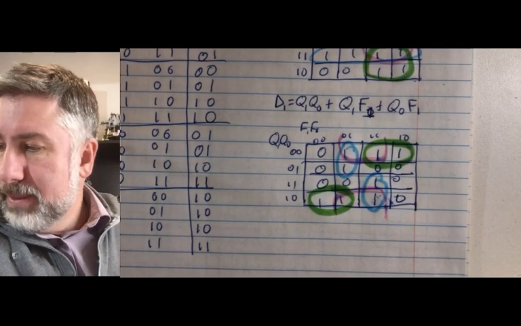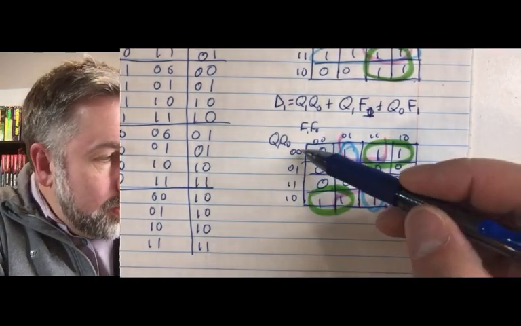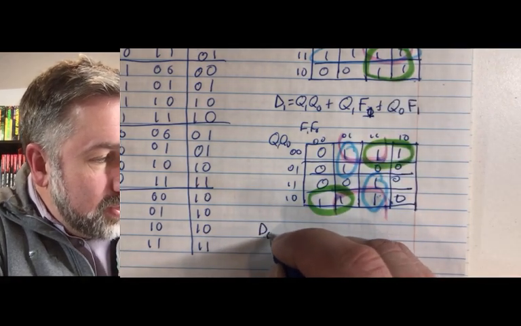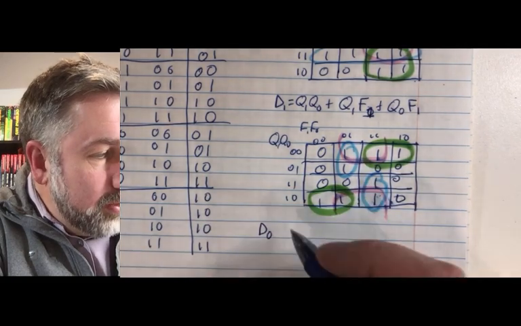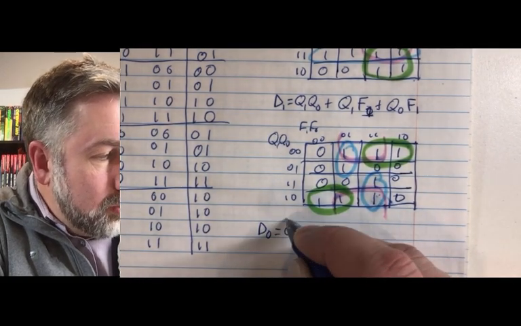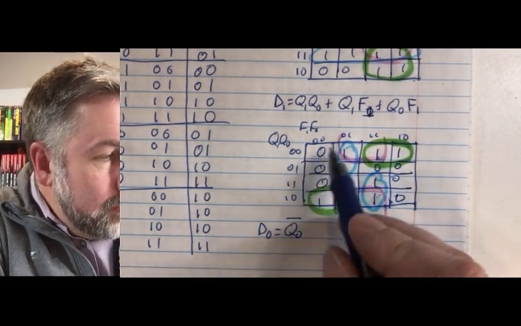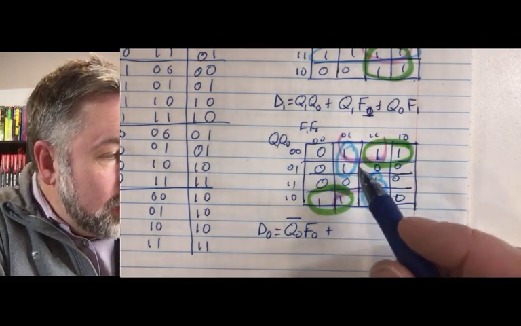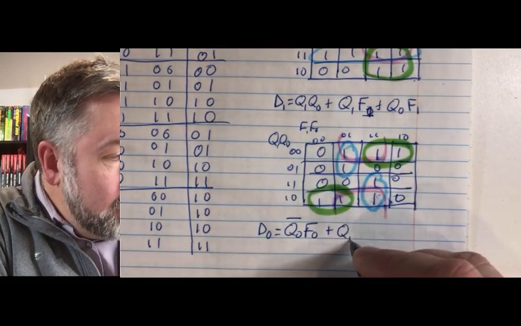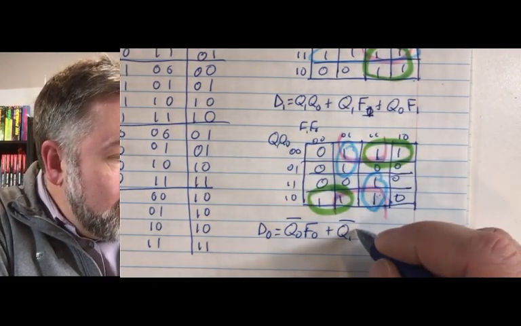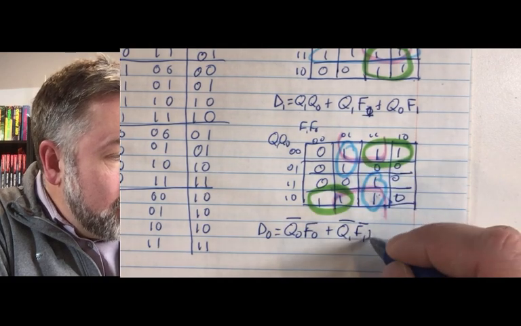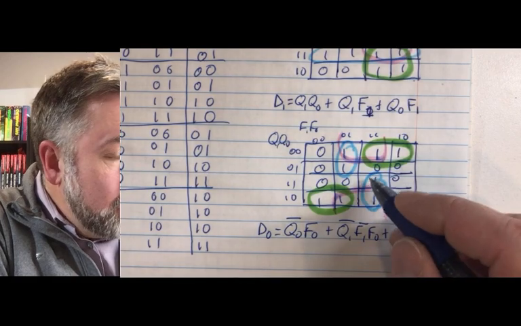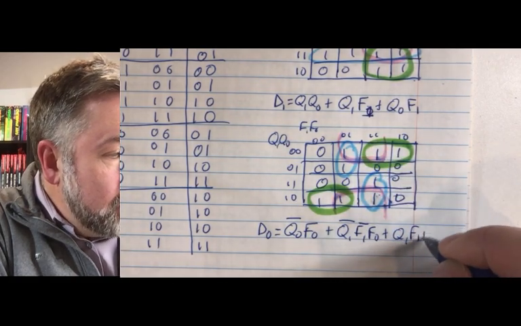So first of all, it's going to be Q0 bar for the pink group. This is the input for the 0 state flip-flop, is going to be Q0 bar, Q0 bar F0, and then the blue ones are going to be Q1 bar, F1 bar, F0, or Q1, F1, F0.